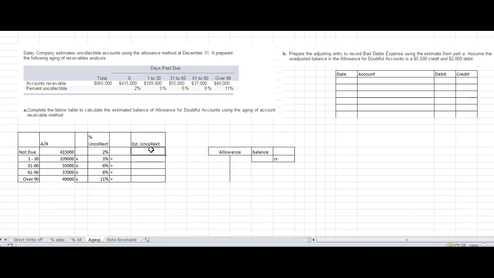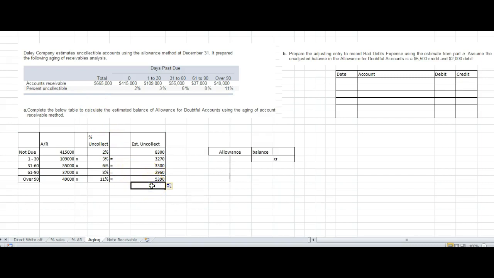Then you'll multiply those by the percent. And I'm going to do the quick and dirty, obviously. So these become your amounts.